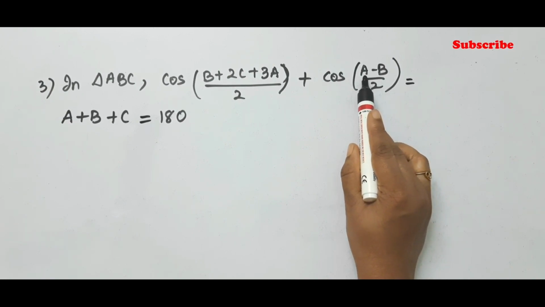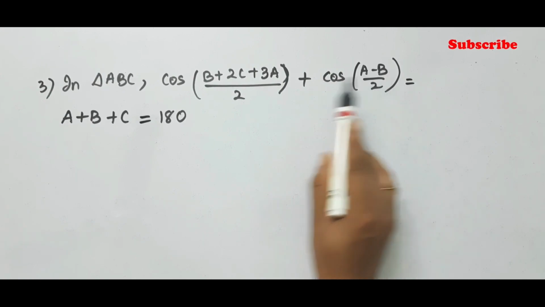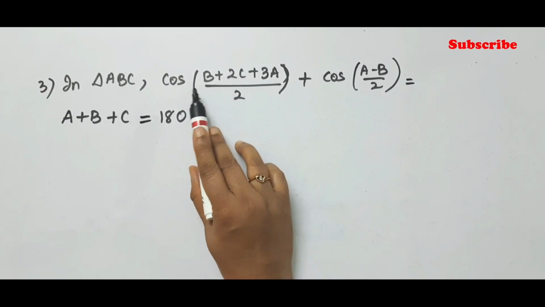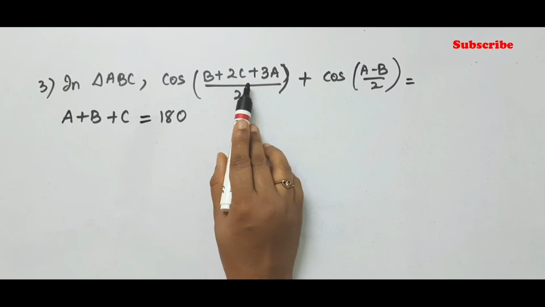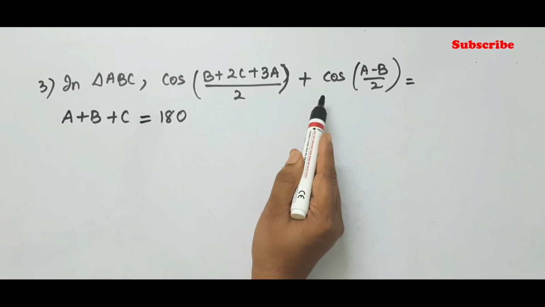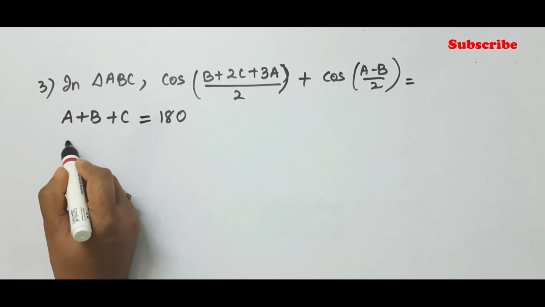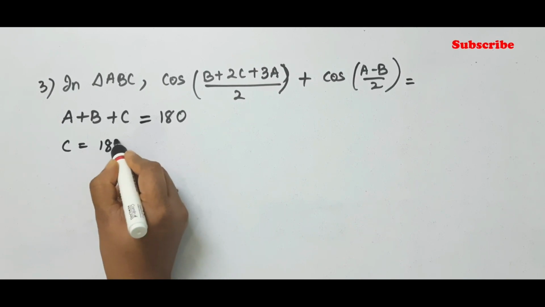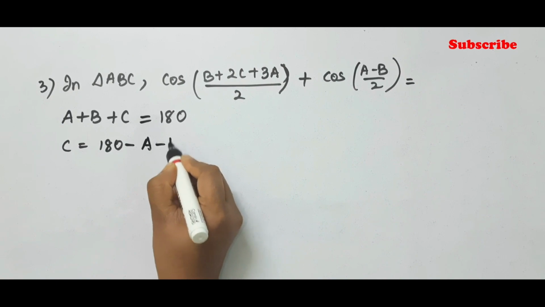So here we are able to see the alphabets A and B. Here C is there, so we have to eliminate C such that this cos of the angle will be in terms of A and B. Okay, then only it will be easy for us to solve, is it not? So we have to eliminate C, which means we have to get the value of C. So C will be equal to 180 minus A minus B, is it not?